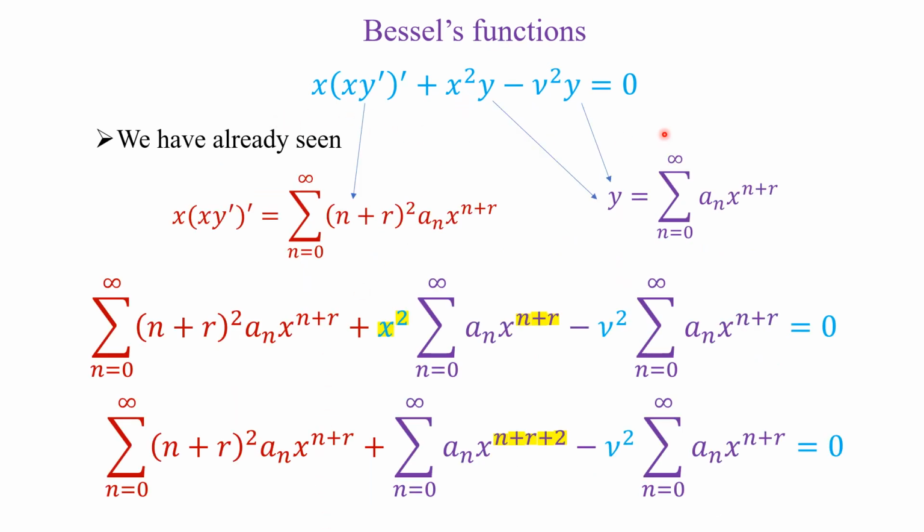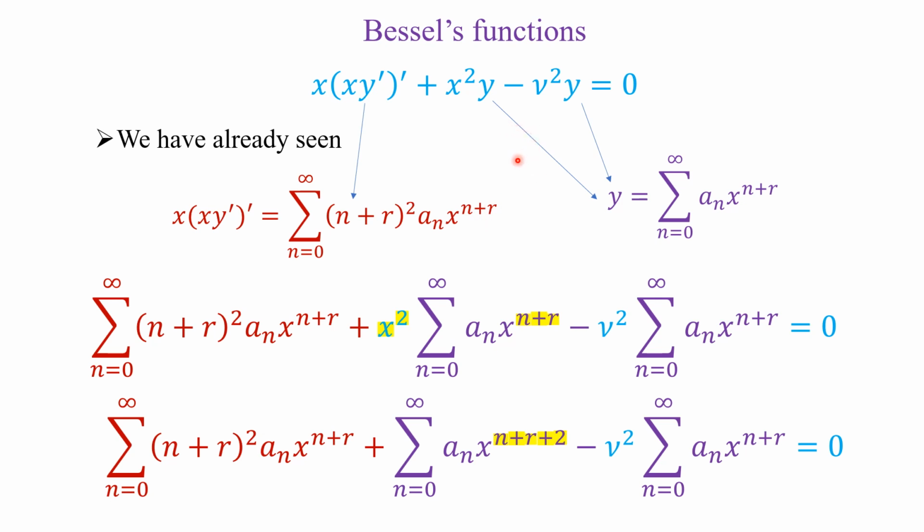So this is our Bessel function, Bessel equation. We have found just now the first term, that is x into x y prime of prime. We have found as summation over n equal to 0 to infinity, n plus r squared into a n into x to the power n plus r.